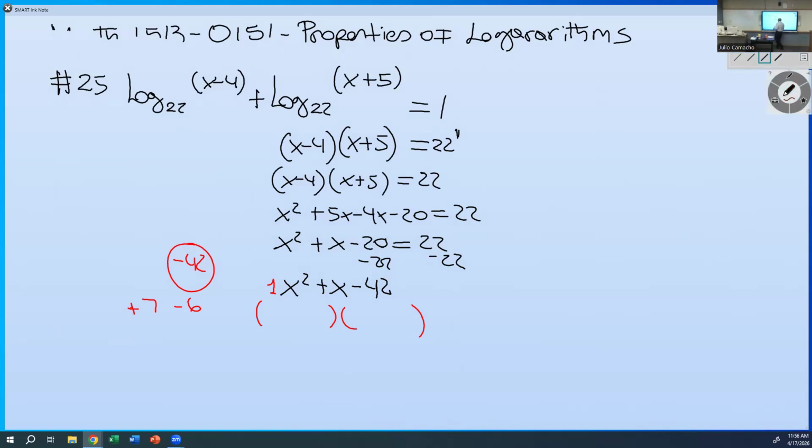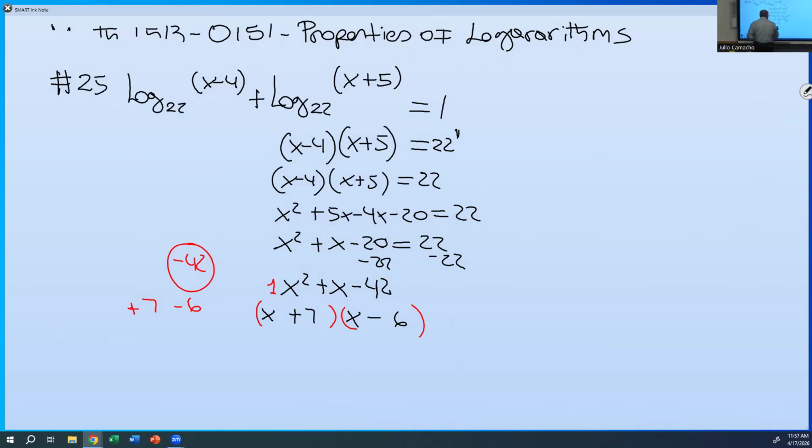And then you have the square root of x squared is x. And then these two numbers could be plus 7 and negative 6. 7 times negative 6 is negative 42, and positive 7 minus 6 is 1.